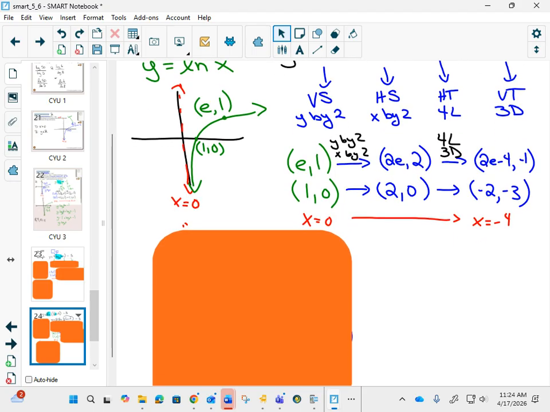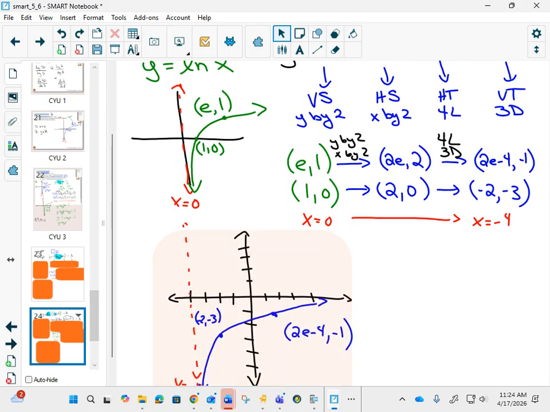So now when you go to graph this, let's start with my asymptote. I definitely labeled -2, -3 first because that seems easy. And then in graphing 2e minus 4, the number e is 2.718281828, and then it goes on forever.